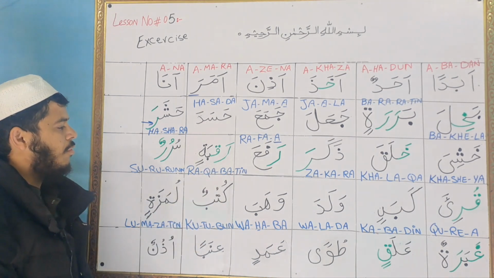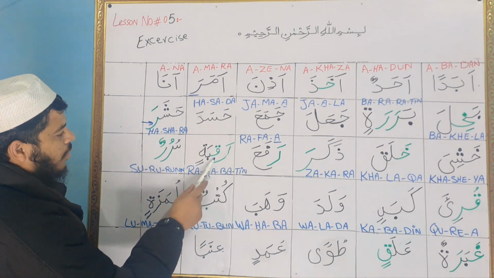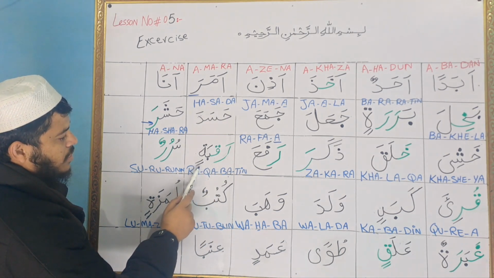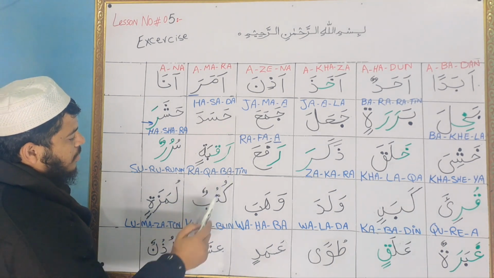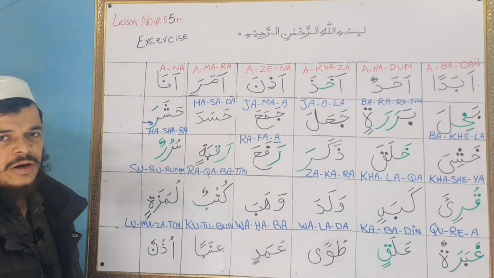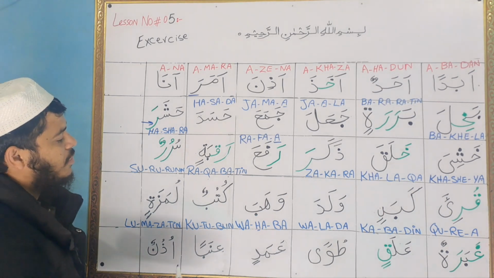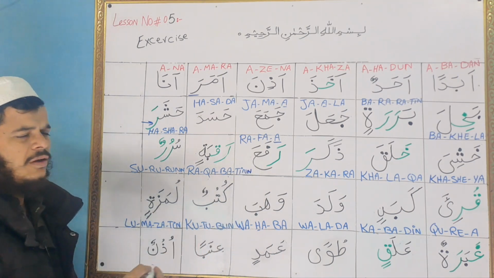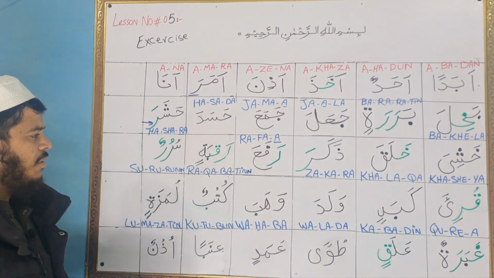Next, ra fatha ra, qaf fatha qa, ba fatha ba, ta two kasras tin. Basically, when we read the exercise of Tanween, we just said we will put two n there, but just remember it will be a little more n sound.